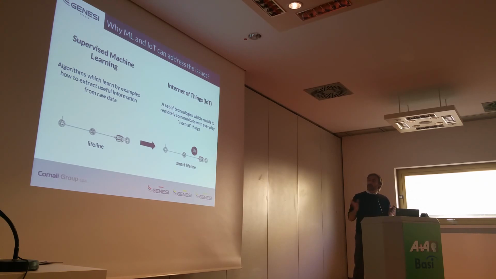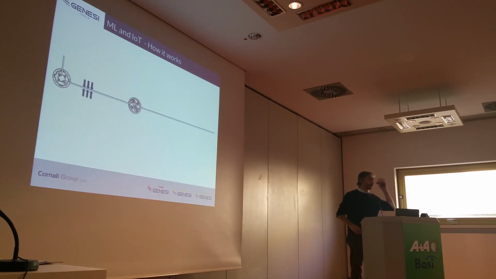And so, combining together these two technologies, we try to convert a lifeline into an intelligent communicating lifeline, we call it smart lifeline. Let's see how it works at a higher level. A parenthesis: usually it takes me more than 25 minutes to cover this topic. I will skip the more technical details, and maybe we can come back to them if you like, and if there is time for questions.